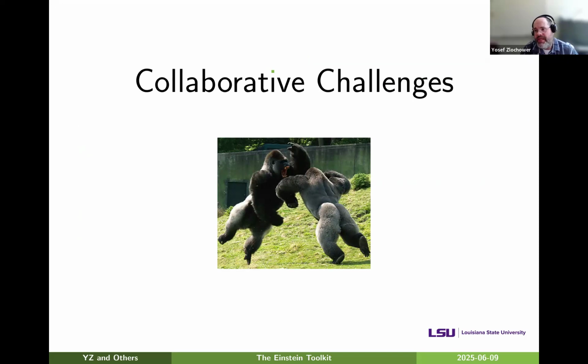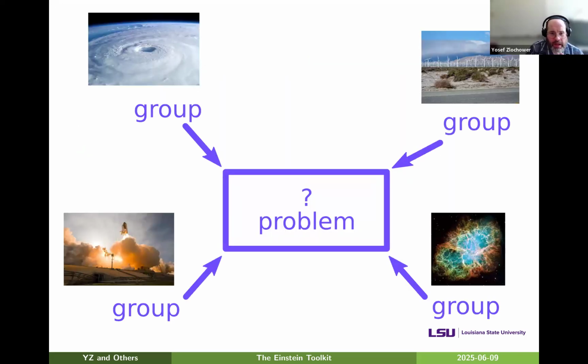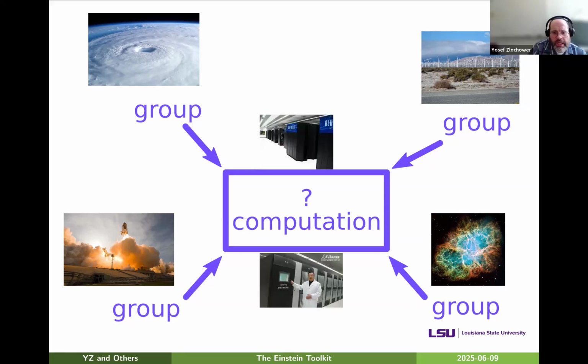So the Einstein Toolkit is fundamentally a collaborative tool, and in collaborations there are challenges that you have to deal with. Okay, so first thing is the nature of the collaboration. You have a bunch of different groups who are trying to solve related problems, maybe not identical problems, but related problems. And so there are going to be methods which are common to all these problems.